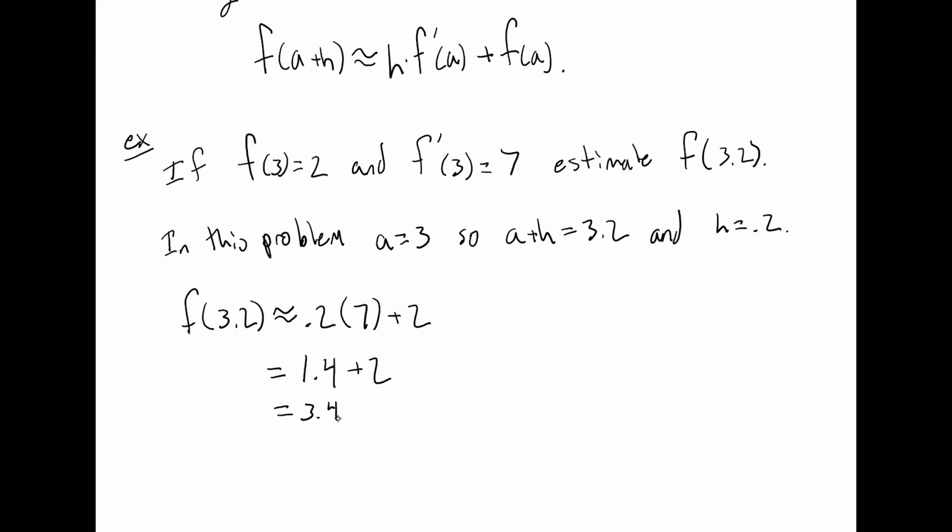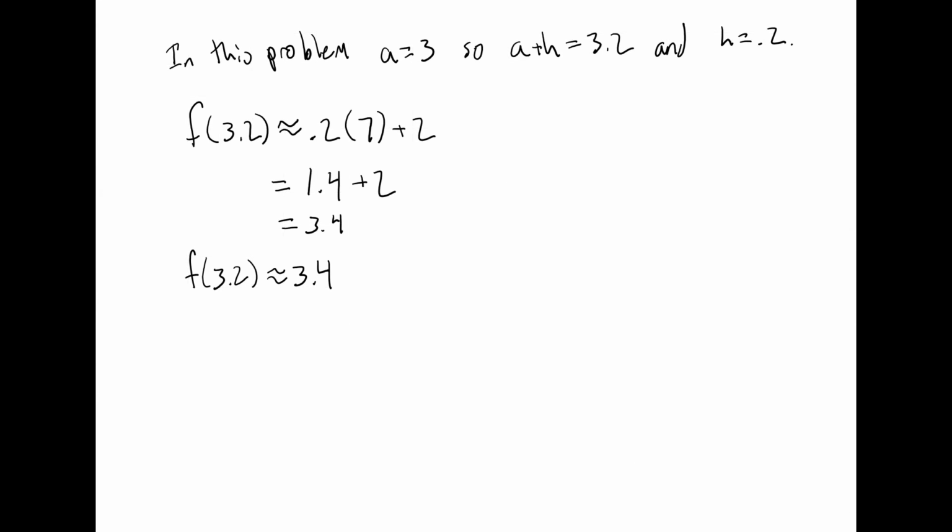So what we can say is that f of 3.2 is approximately 3.4. And that matches with what we are using as our rate of change. So that's the way we can use this in a very raw sense.